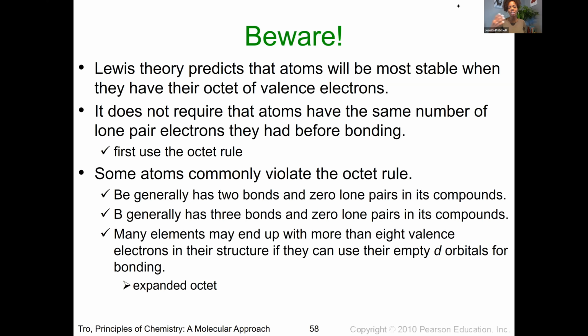As we get into doing some of the examples, make sure you keep some of these cautions in the back of your mind. Remember, overall, Lewis theory predicts that atoms are most stable when they have an octet of 8 around them. However, there are some exceptions to these rules. A few can have less than 8, things like boron, hydrogen, or helium. And then there are a number of elements that can actually have more than 8.